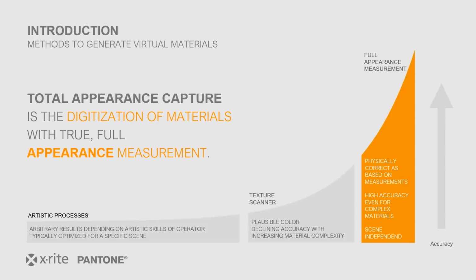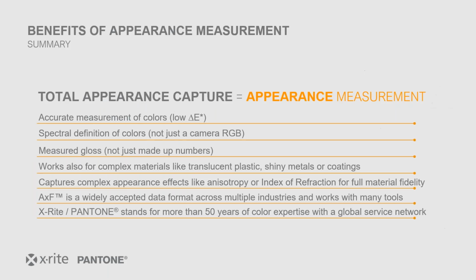What we're aiming for here is a physically correct measured material. We construct this material based on actual measurements, with extremely high accuracy, even for complex materials. And the idea is that we want this to be scene independent.